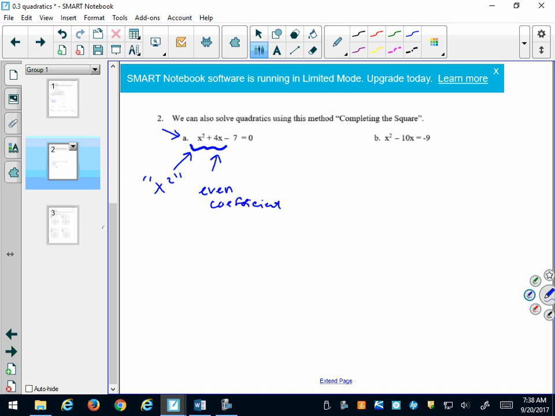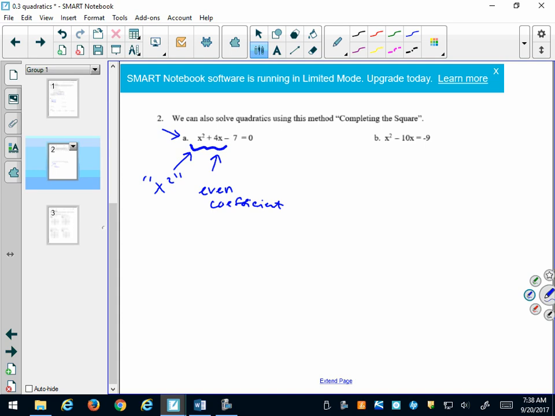Because think about the process. When we complete the square, we take half of that middle term, right? If it's an odd number, you don't want to take half and then you're working with fractions. That's not going to be helpful, right? So the middle term has to be even, and the first term needs to be x squared.